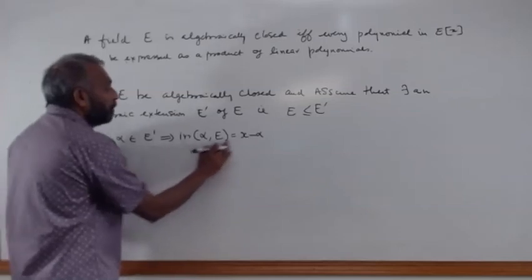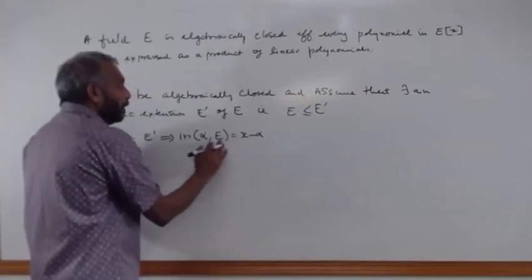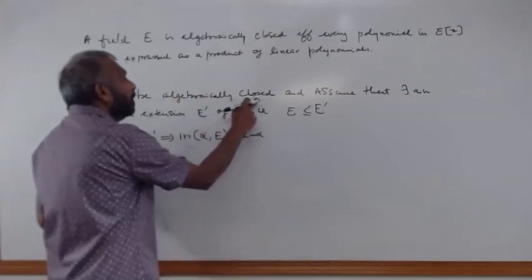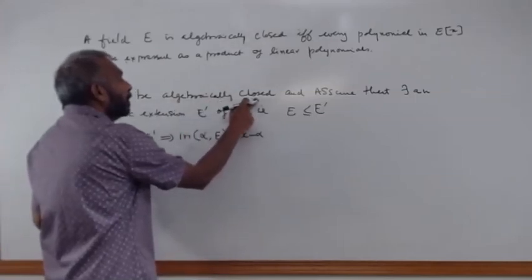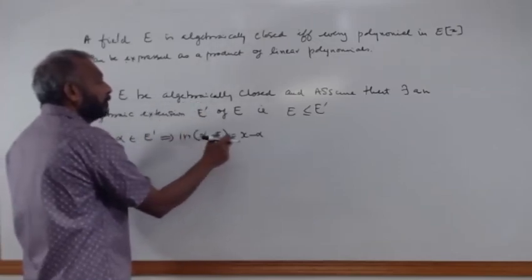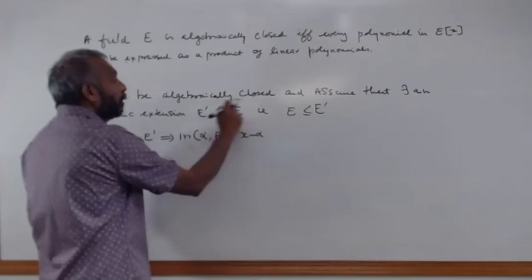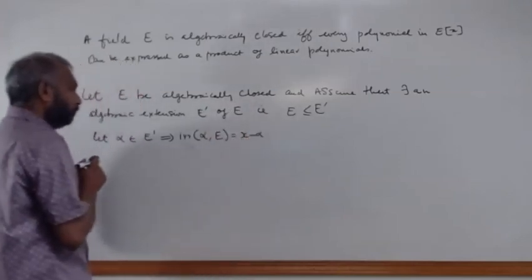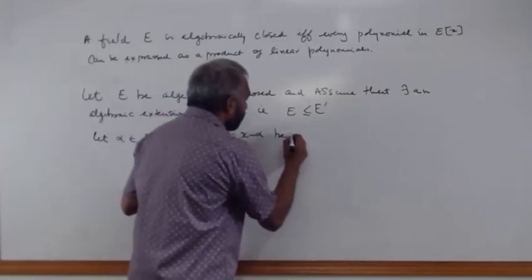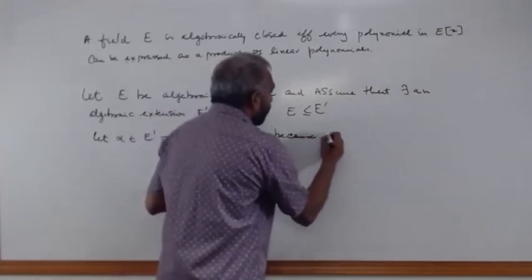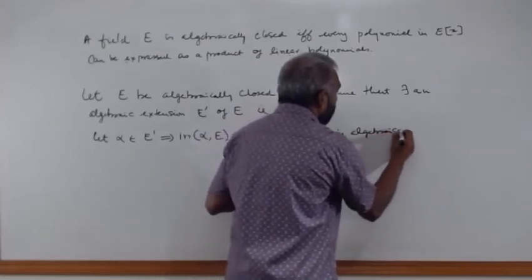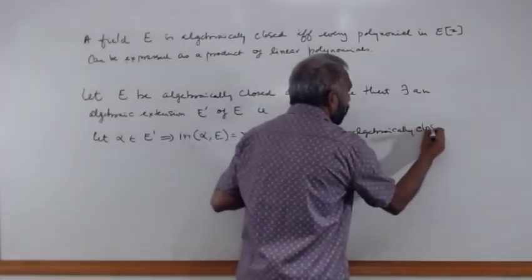Because if E is algebraically closed, every polynomial can be expressed as a product of linear factors, not linear combination, a product of linear factors. And this implies because E is algebraically closed.